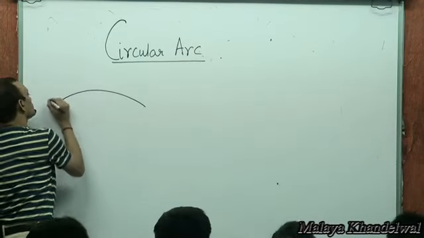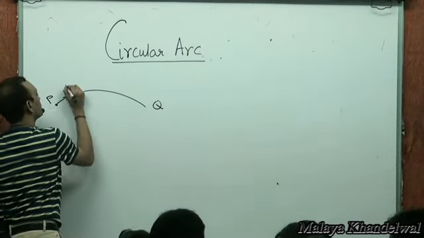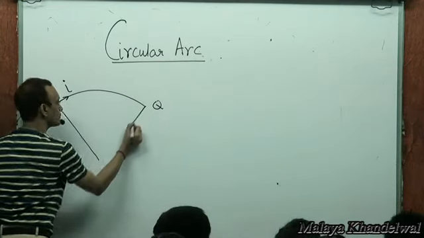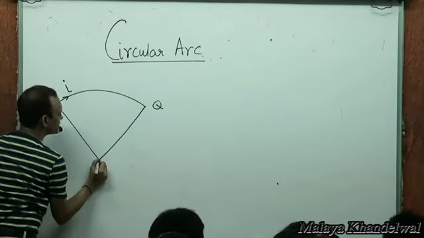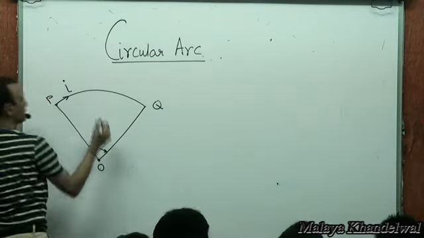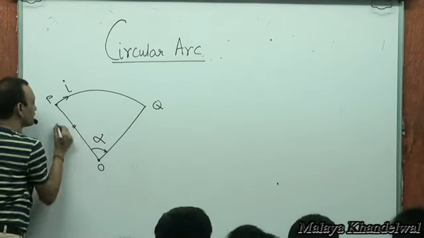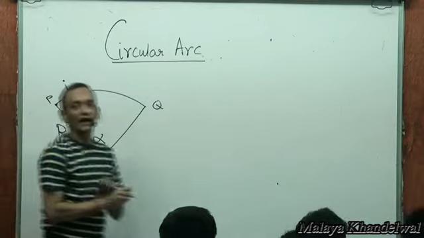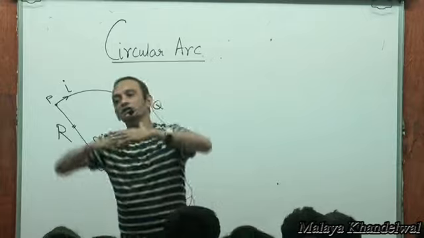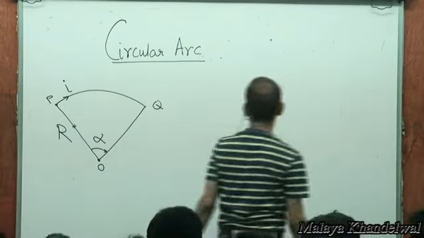This is a circular arc P to Q and it carries a current I. And say this circular arc subtends at the center O an angle alpha. And say R is the radius of this circular arc. I want to be able to compute the magnetic field at O because of this current carrying circular wire.